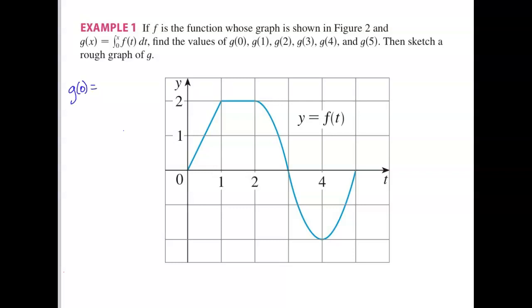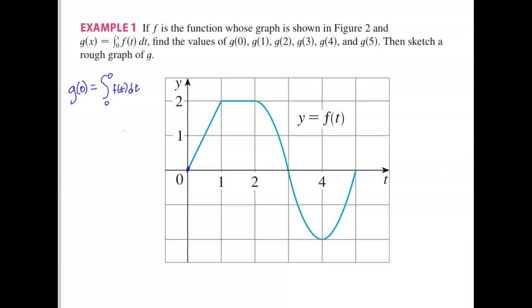Thinking about this, g of 0 is the integral from 0 to 0 of f of t dt. So I'm replacing my x with the input, which is 0 in this case. Well, that would just be the area under a single point. Does a single point have any width? No, a single point is dimensionless, right?